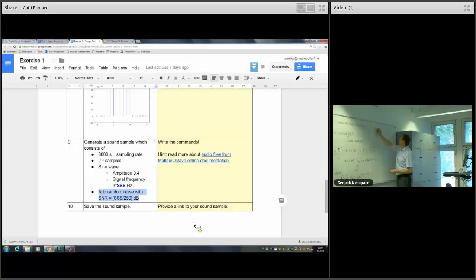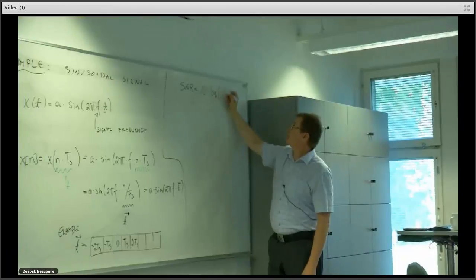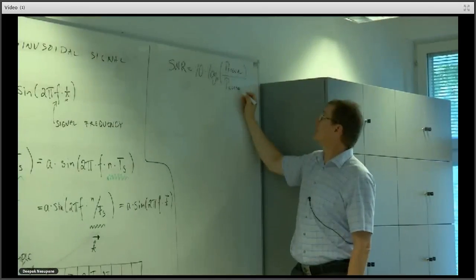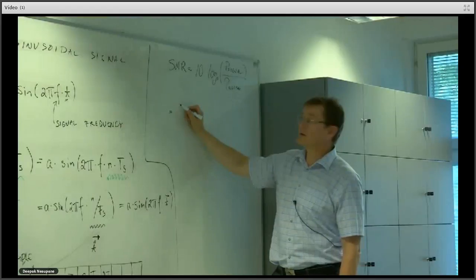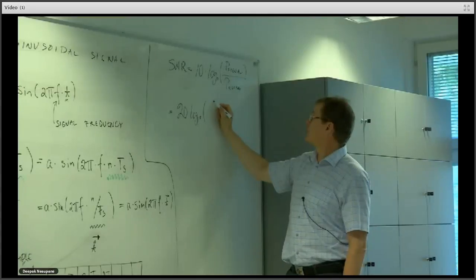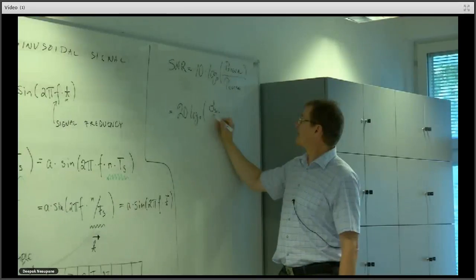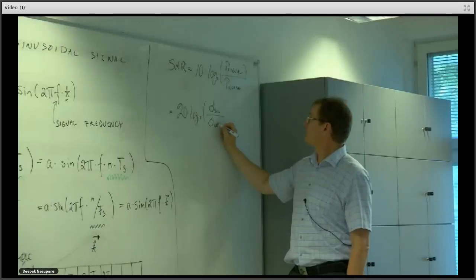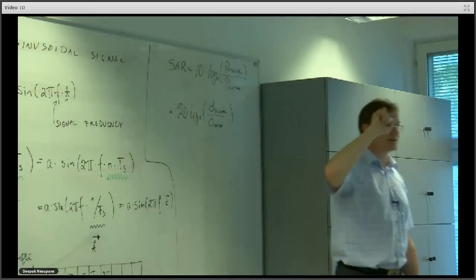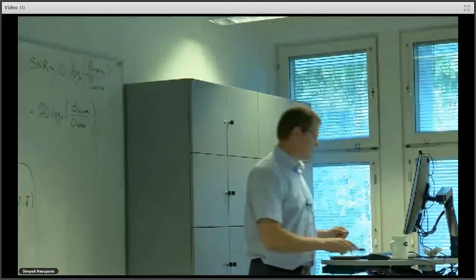Signal to noise ratio is always 10 times log 10 of power of signal divided by power of noise, which is the same as 20 times log 10 of the standard deviation of the signal divided by the standard deviation of the noise. Single sigma, not sigma squared. Remember that one when you're doing the 9th exercise.